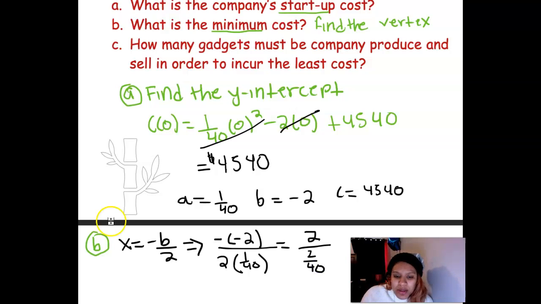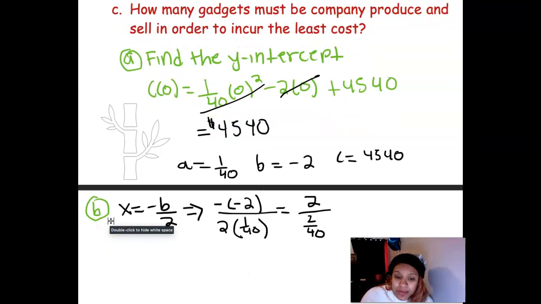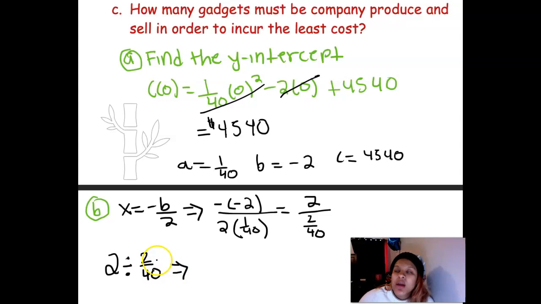It looks like a complicated fraction over there, but if you simplify that and take your time, 2 divided by 2 over 40. We use something that we learned somewhere, I believe in 3rd grade. Keep, switch, flip. Keep the first fraction, switch your sign to multiplication, and flip the second one.